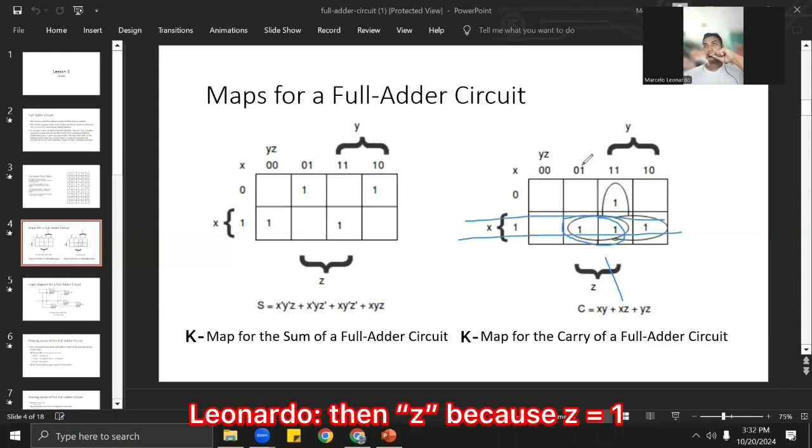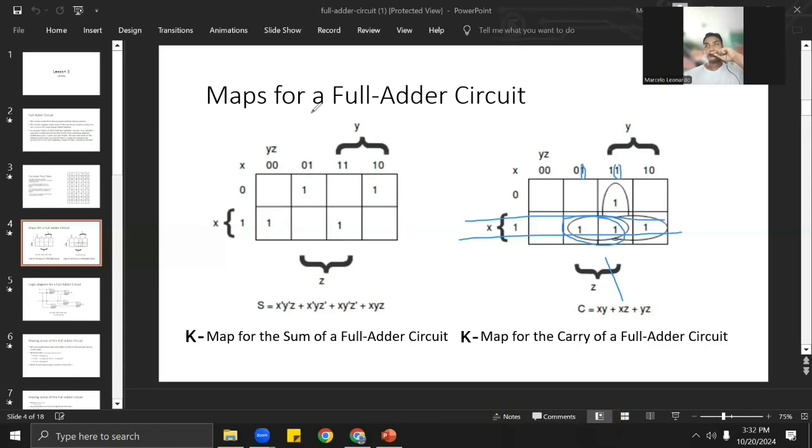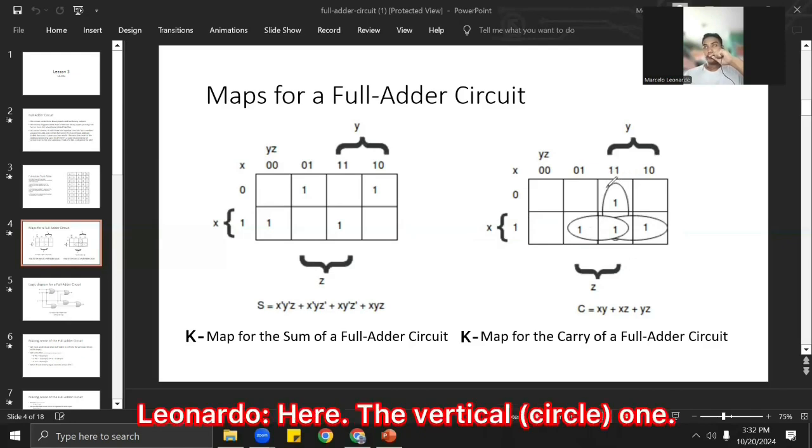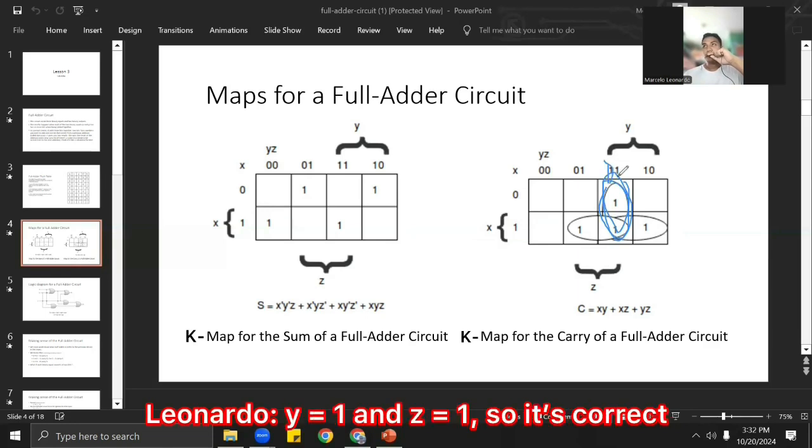And then yung z, ayun yung 1. Xy plus xz. Ngayon, itong last plus yz. Nasa yz yung 1.